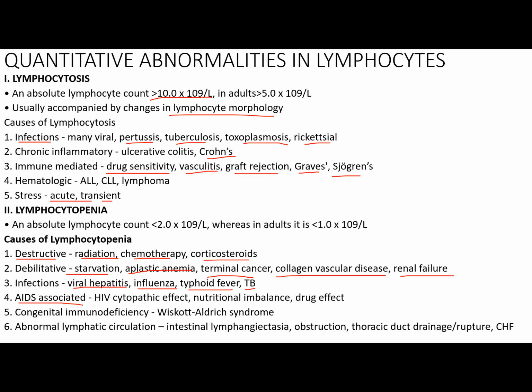Then we have your AIDS-associated, seen in HIV cytopathic effect, nutritional imbalance, and drug effect. Congenital immunodeficiency, seen in Wiskott-Aldrich syndrome. Abnormal lymphatic circulation, seen in intestinal lymphangiectasia, obstruction, thoracic duct drainage, rupture, and your congestive heart failure.